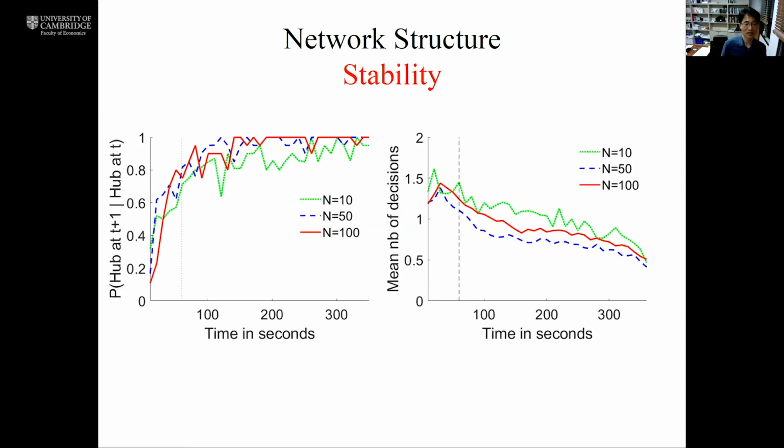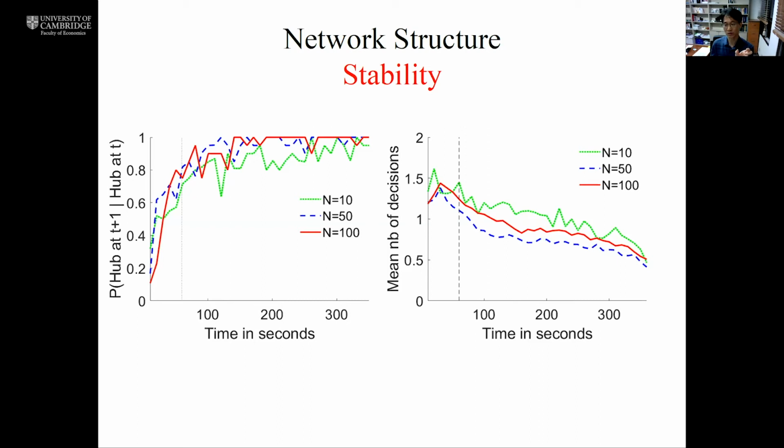Finally, on the left-hand side, this is the empirical likelihood that a person who becomes a hub within a 10-second time interval remains the hub in the next time interval of 10 seconds. Initially, in the first 1 minute, you can see the dotted horizontal line.